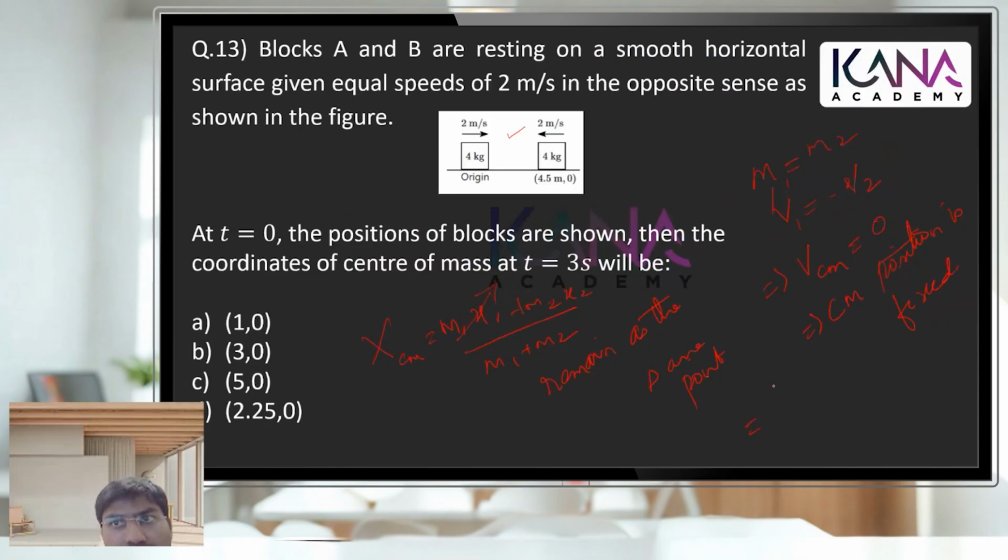So this will be 4 into 4.5 by 4 plus 4, which is 8. So this will be 2.25. So x is 2.25, but the y point will be 0 only. So it will be option D.